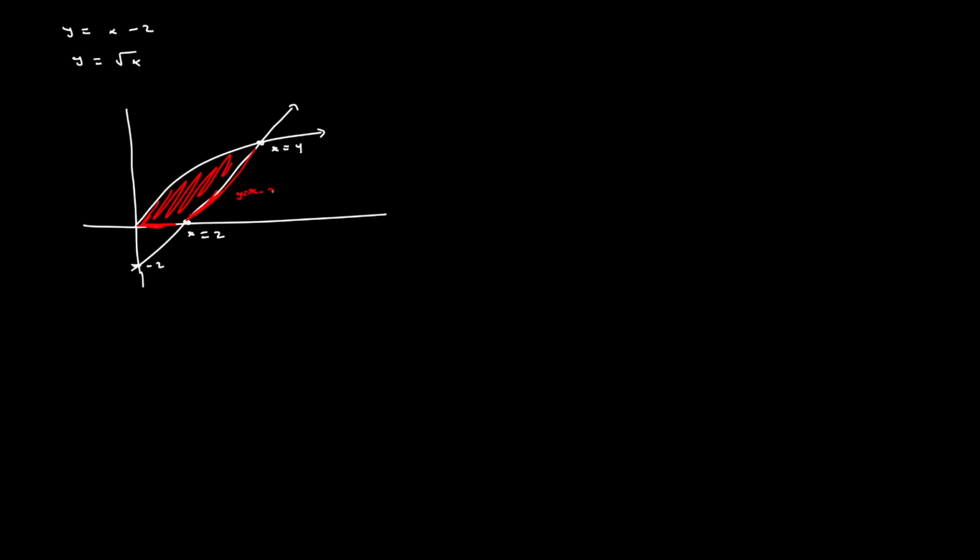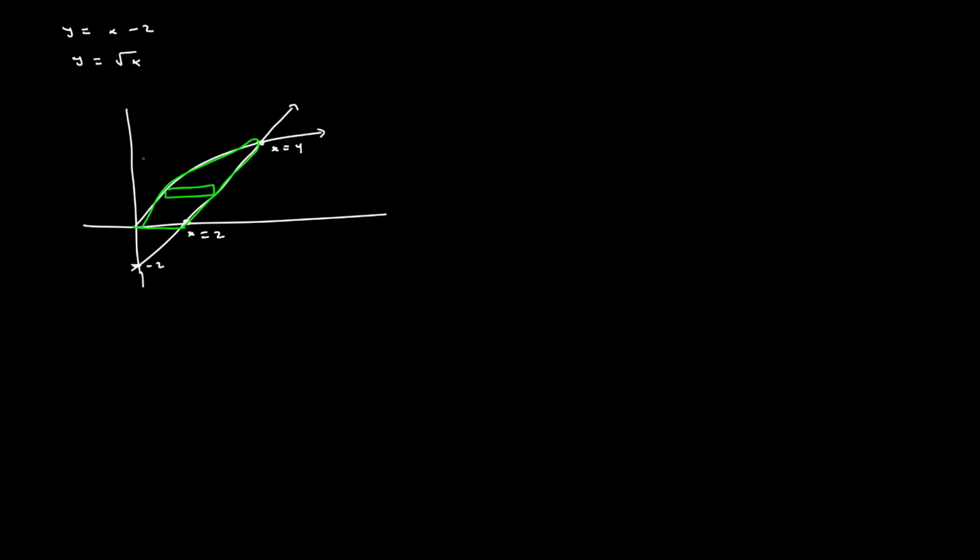But notice how if we were to integrate with respect to y, we would not require two different integrals to find our area, because along this whole region we're concerned about, the right and left functions remain the same if we look at everything with respect to y.